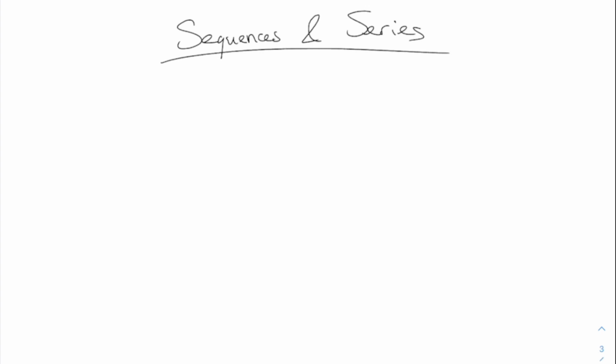Let's just talk terminology here. Those two words mean different things. So a sequence is just an infinite list of numbers. Countable, of course, because it's a list.